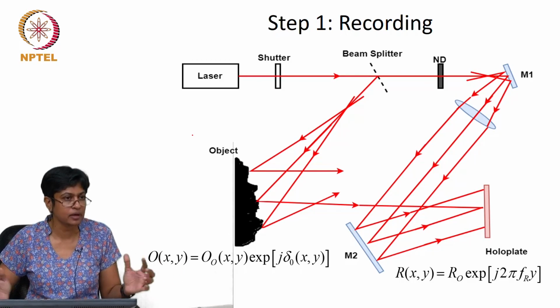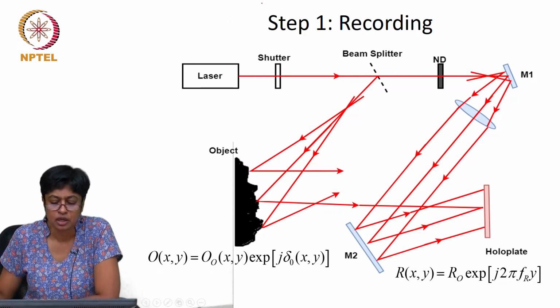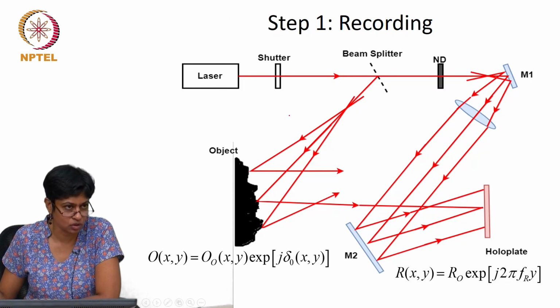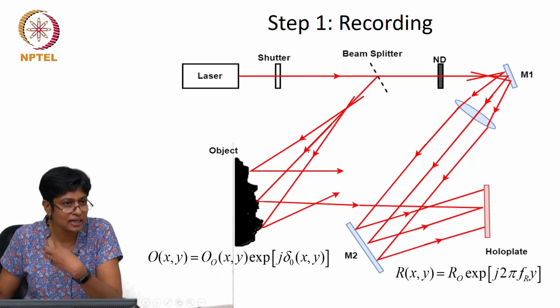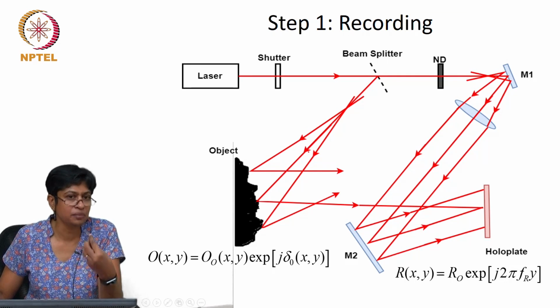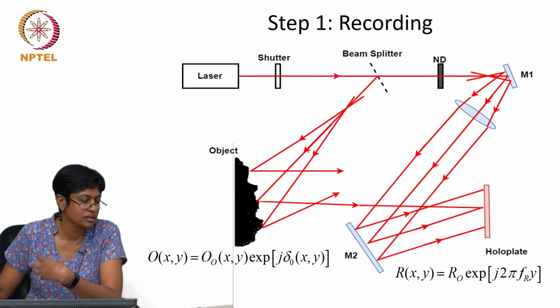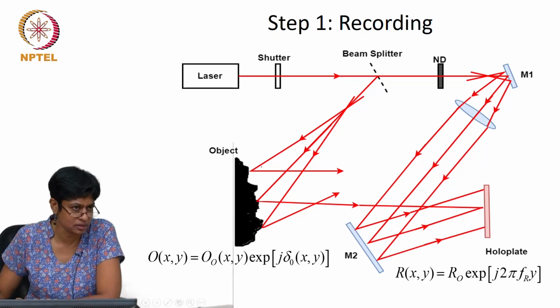Just as with the camera, if you have not illuminated it, you're not getting back that information. So one beam goes to the object and scatters off it. The scattered light now carries the information of the object.